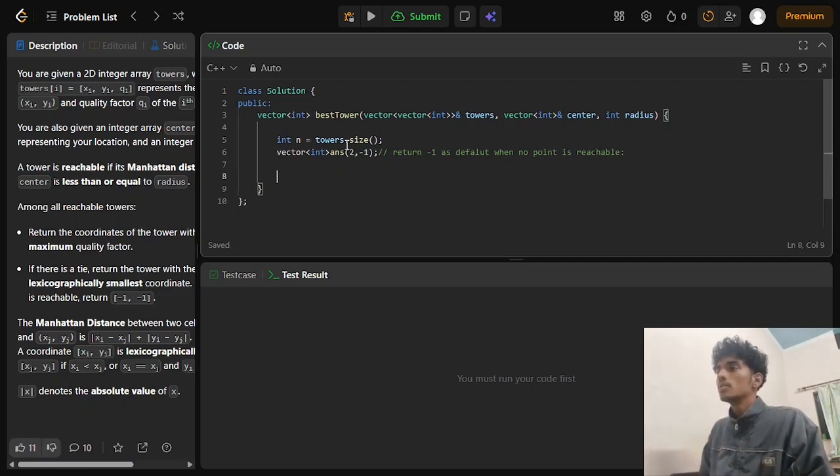Okay, so now what we will do is iterate throughout the vector towers.